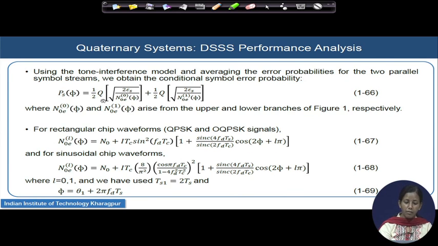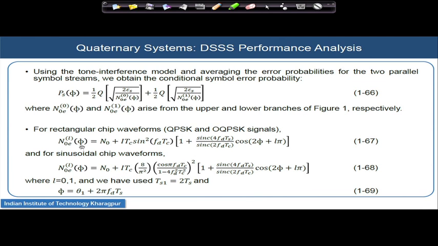So, they will be governed by a Q function, where Es is the symbol energy given by the earlier slide, and the index L will be 0 or 1, defining the path, upper path or the lower path, and this is the one sided combined power spectral density of the interference plus the noise.